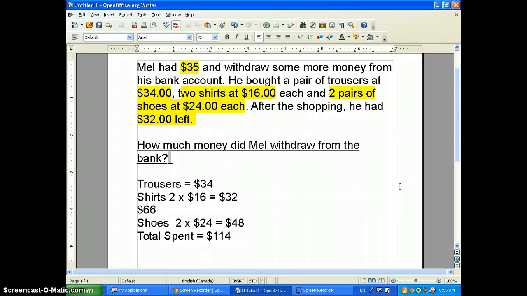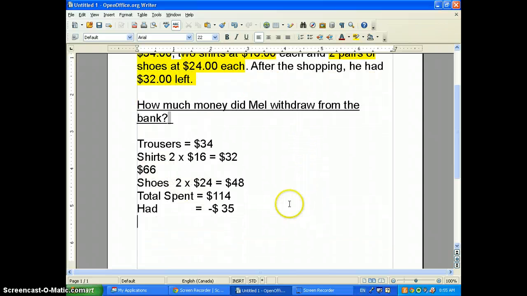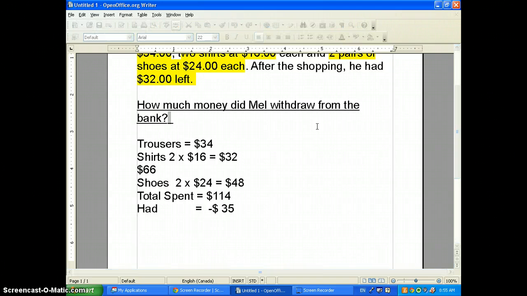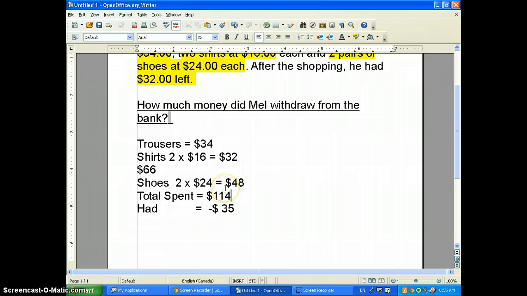So we've got to subtract that. He had $35. We've got to minus that. And then we'll have to do one more thing after that as well. But what's 114 minus 35? So 4, can you minus 5 from 4?